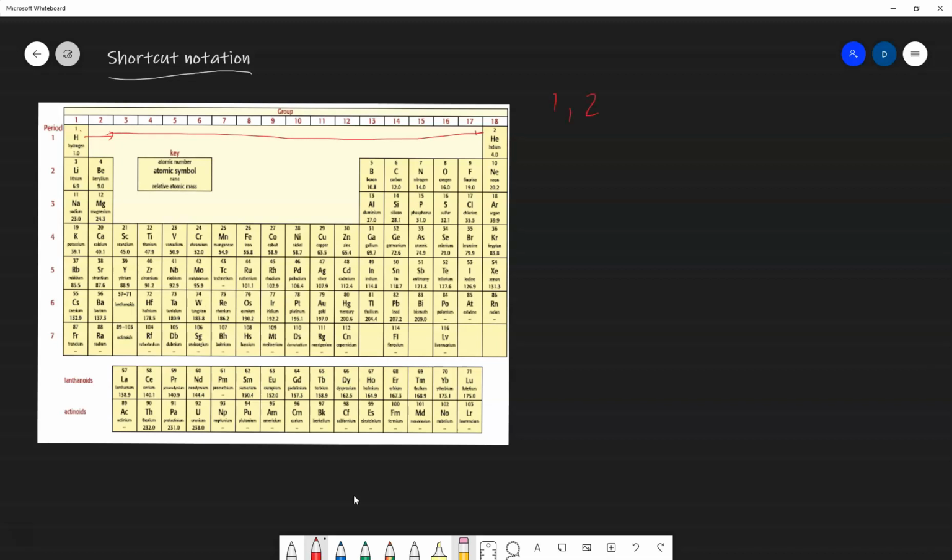Then start the next period, period 2: lithium has 3 electrons, then beryllium has 4, boron 5, then 6, 7, 8, 9, 10. After that, go to period 3: 11 electrons, 12 electrons. So the number of electrons increases when you move from left to right. Now this concept is used to write the shortcut notation.